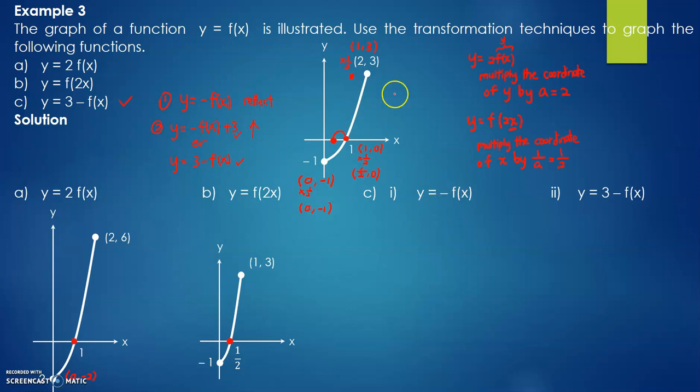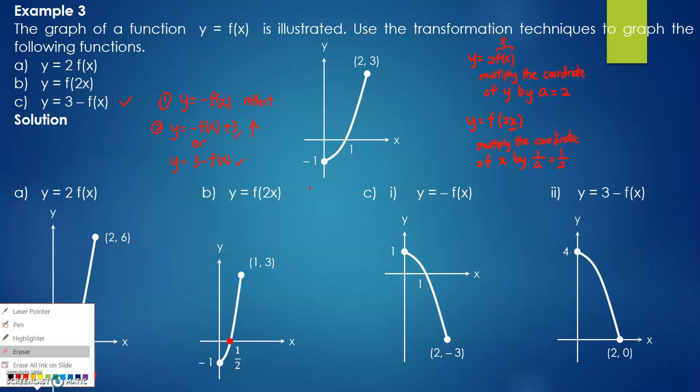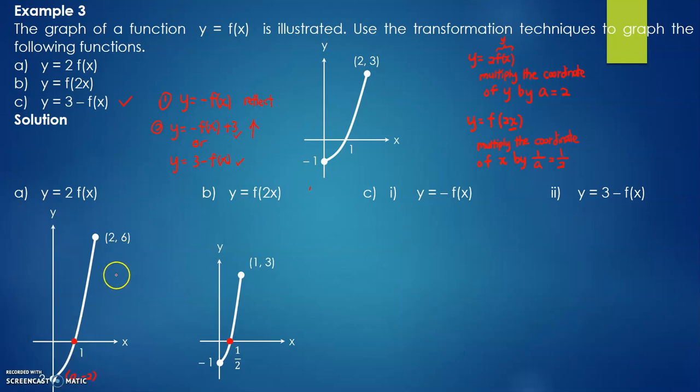So for the first graph, let me clean it up. For question C, first you can see that it will reflect on the x-axis. It will come down.